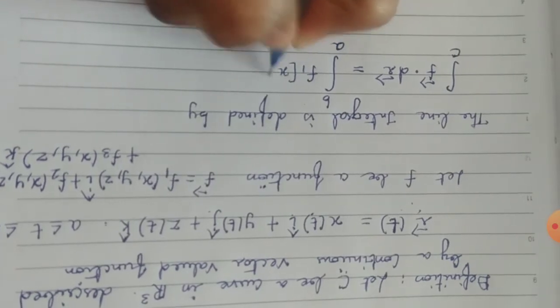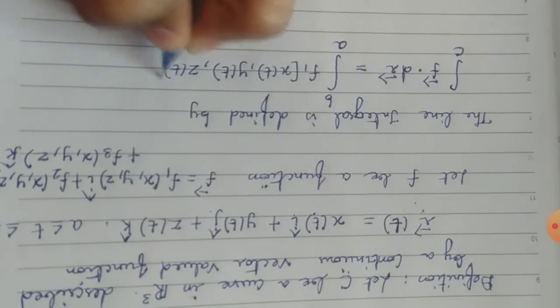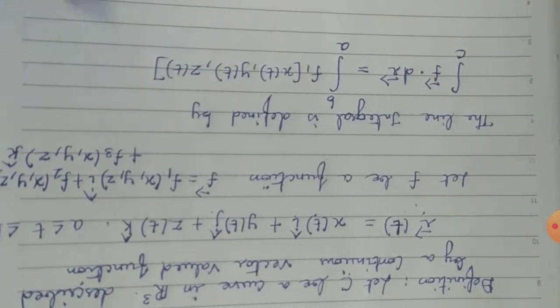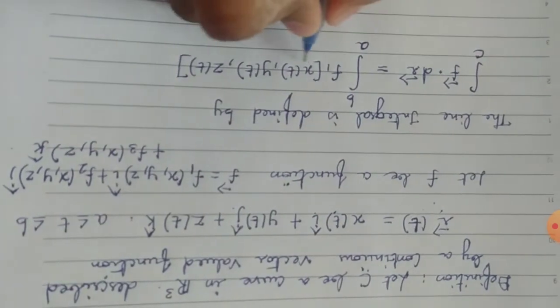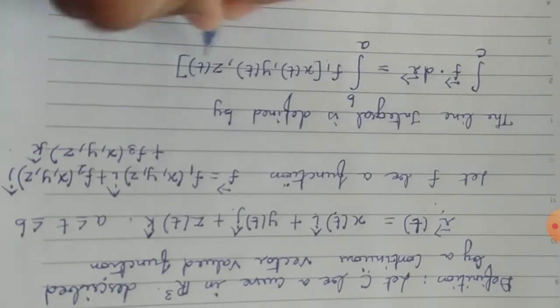f1 of x of t, y of t, z of t is a function of the variable t, since x of t, y of t, z of t are functions of t, and f1 is a function of x, y, z.